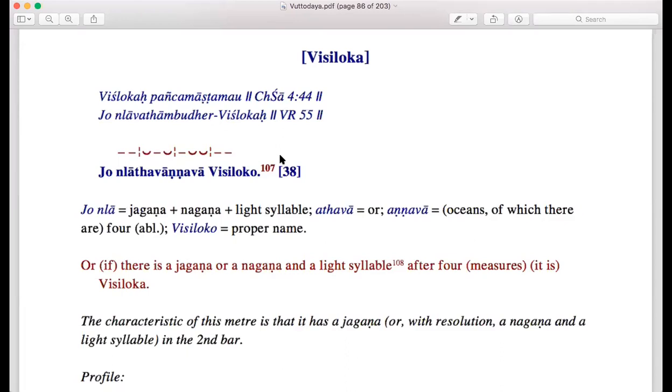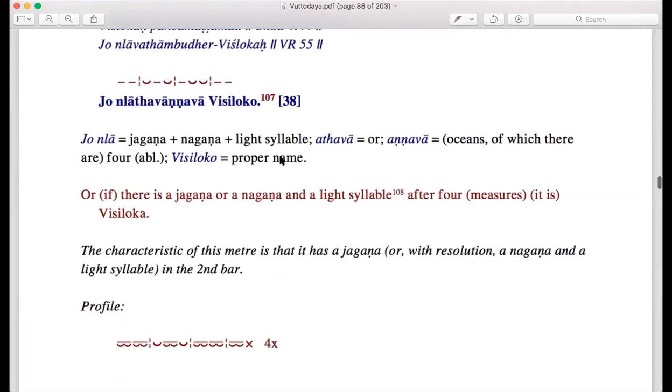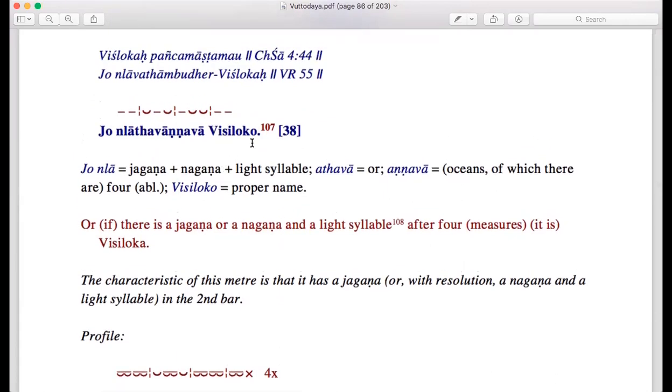So Visiloko, let's first read the meaning. If there is a Jagana or a Nagana and a light syllable after 4 measures, it is Visiloka. So that is the meaning in this verse, which is called Visiloka.